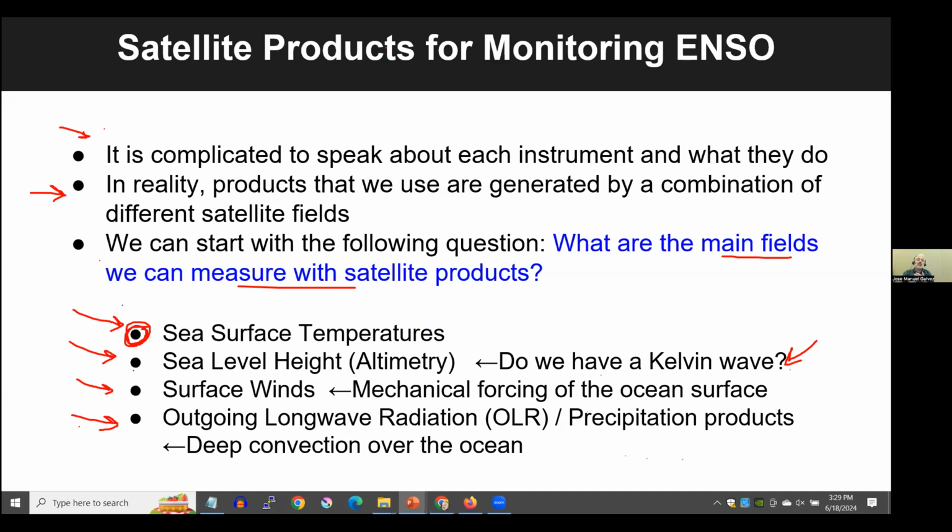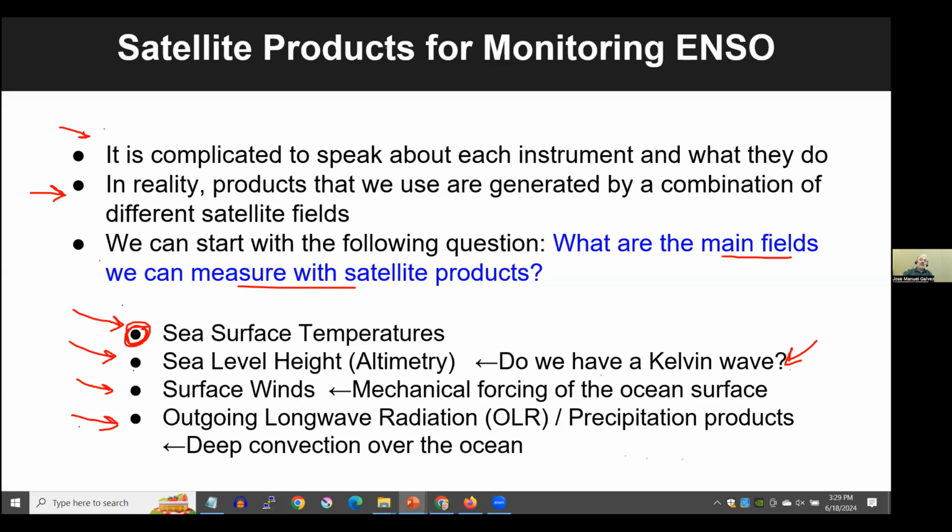Therefore, the radiation that goes into space from those cloud tops is going to be very low. Whereas if you're in a hot desert or in a tropical location with no clouds, the temperature is going to be really warm. So you're emitting a lot of radiation that's going into the satellite. Therefore, the satellite is going to see very high OLR. So we can use OLR to infer that you have thunderstorms or clouds or rainfall.